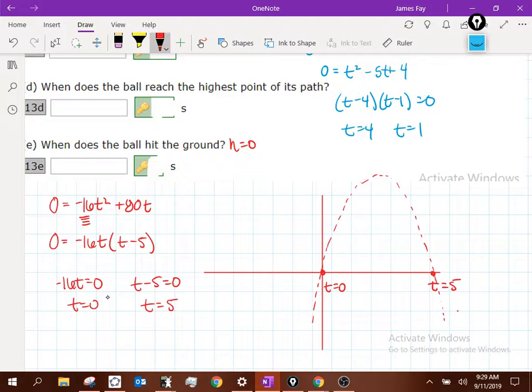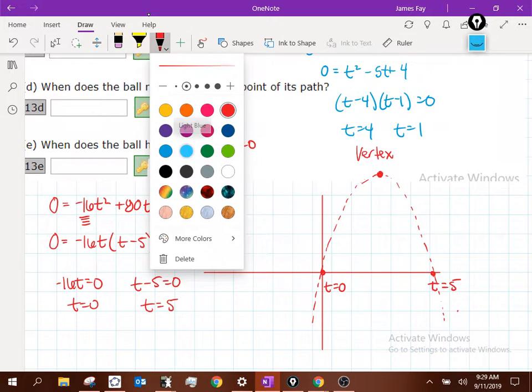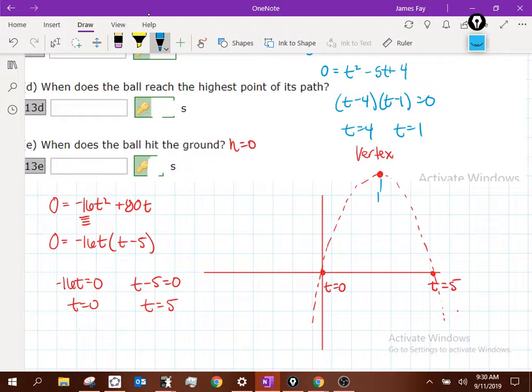Now this is the reason I'm drawing this picture, because the next question, part D, says when does the ball reach the highest point of its path? This point right here, you call that the what? That is the vertex. And the vertex is always, 100% of the time, in a parabola, on that line right there. What do we call that line?